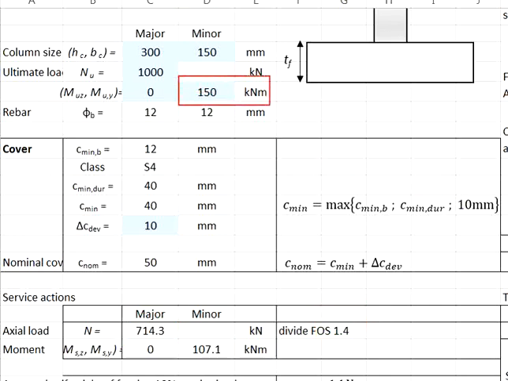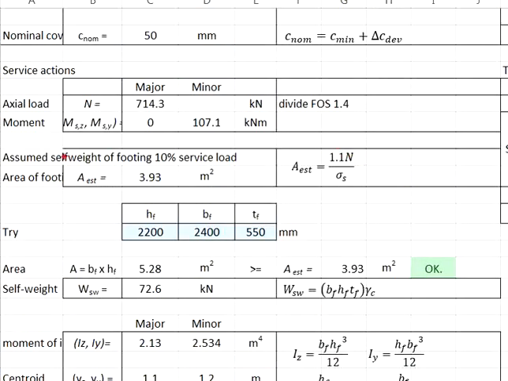Dividing 150 kN moment with 1.4, you get 107.1 kNm acting in the minor axis. And then consider the self-weight of the pad footing, assuming it equals to 10% of the service load.